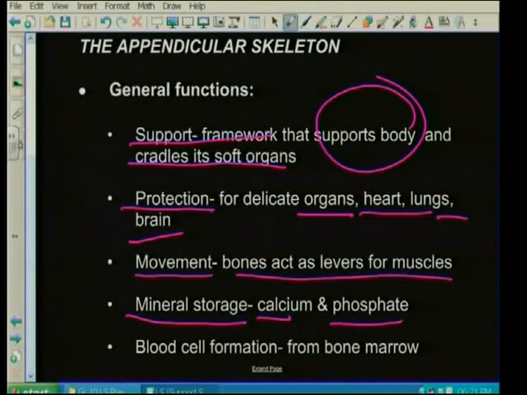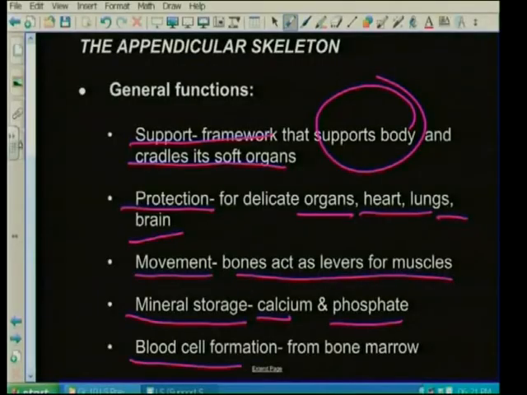These minerals, when we take them into our body, are deposited into the bone. If later in life you're running short of these minerals, they are taken out of the bone and given back into the blood. We will deal with certain disorders because of the shortage of these minerals later in life in our second segment.